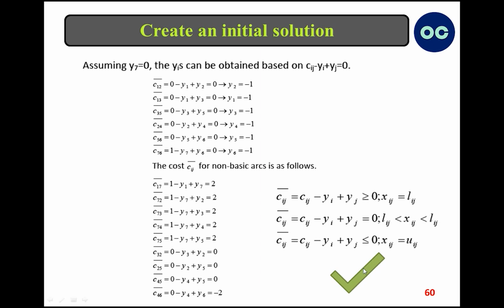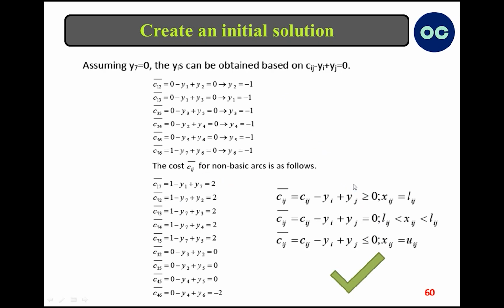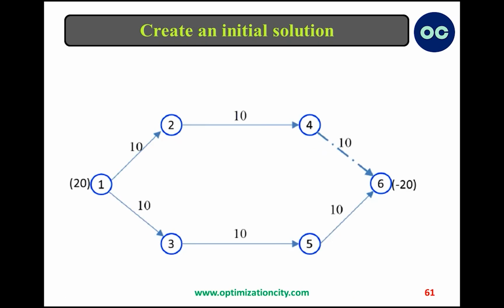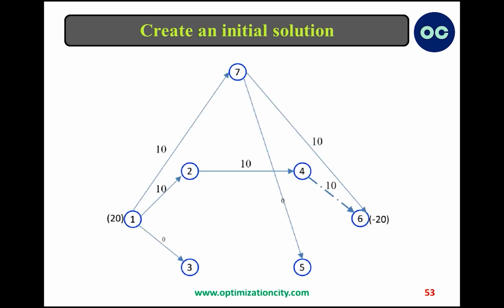So we reach the optimal solution with the objective function of 0. So this is the final or optimal solution for this network, and we can use this solution as the initial solution for finding the minimum cost flow for this network.